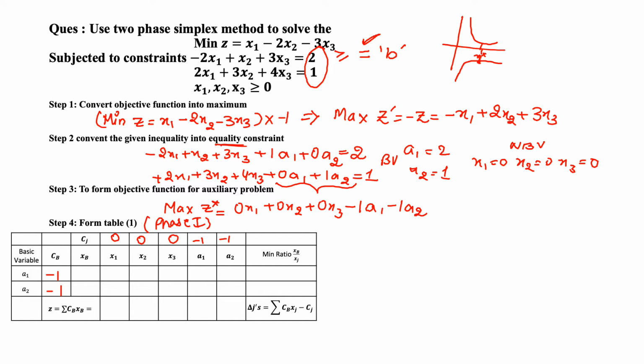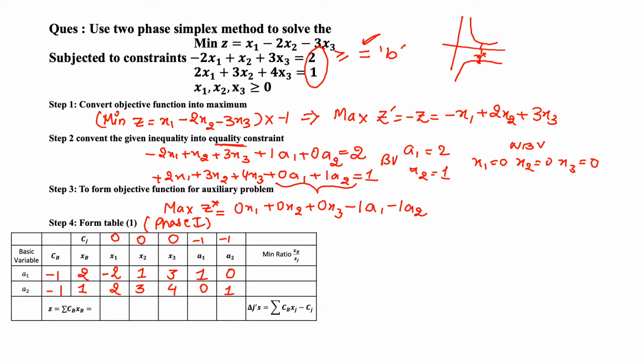So what are their values? Their values are 2 and 1, and from these two constraint equations I will form my matrix, which holds the coefficients of these variables. The x1 coefficients are -2 and 2, the x2 coefficients are 1 and 3, the x3 coefficients are 3 and 4, for a1 it is 1 and 0, and for a2 it is 0 and 1.